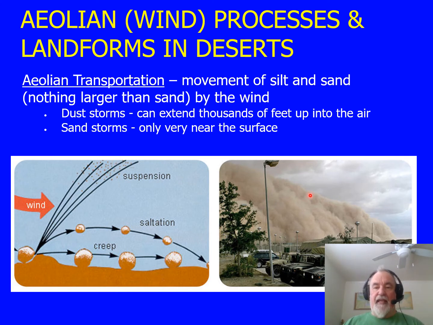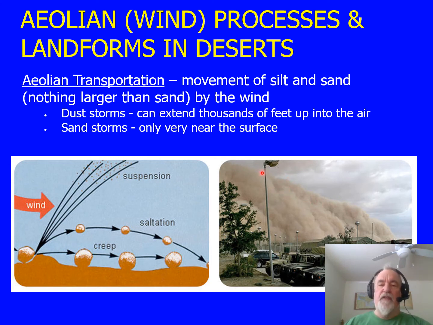For instance, in this photo here, we have what some people might refer to as a sandstorm, but that would actually be a misnomer because the sand cannot get so high as shown in this photo here. The highest grains that we see would probably be clay size, maybe even very, very tiny pieces of silt, but even that would be a stretch.